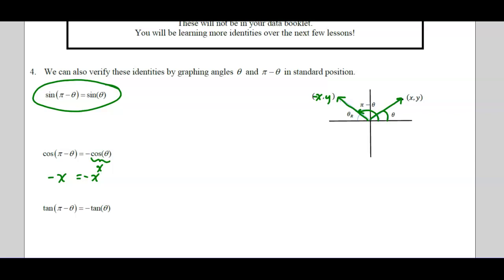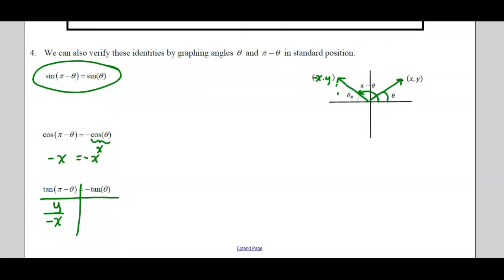Tan, so in this triangle here, it's y over negative x. So I'll do a t-chart maybe. Y over negative x. Tan here is y over x. We've got a negative out front. And you always simplify it to show the negative out front. So they're the same.